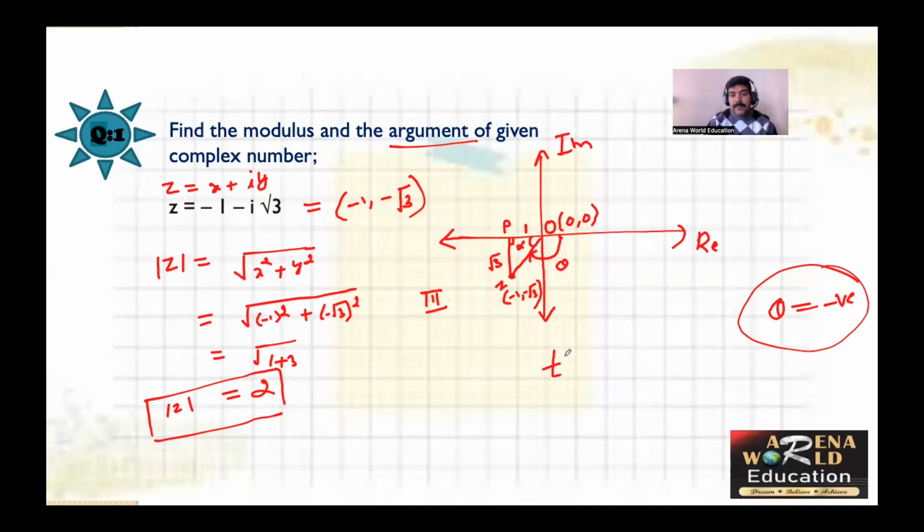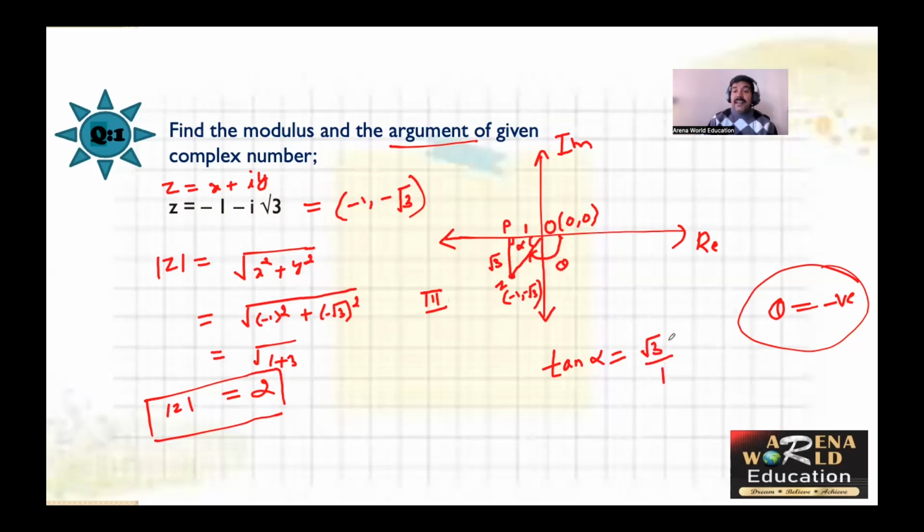Alpha will be, yes, if we find tan alpha. So tan alpha is what? Tan alpha will be under root 3 upon 1, right?